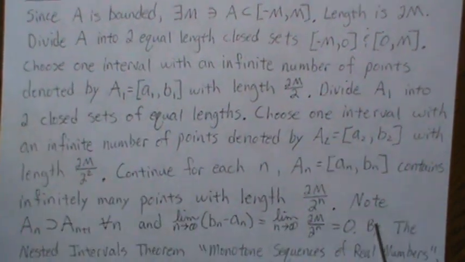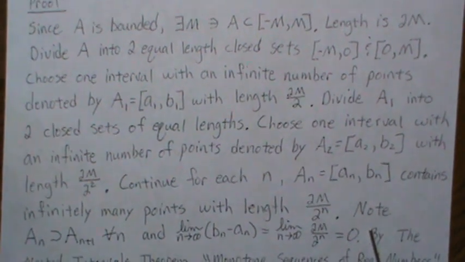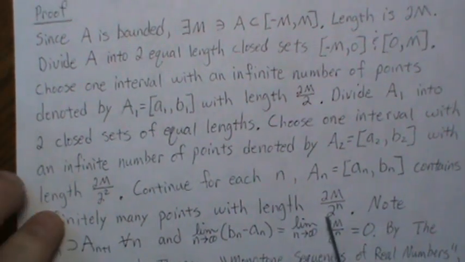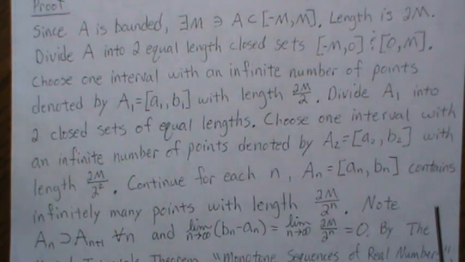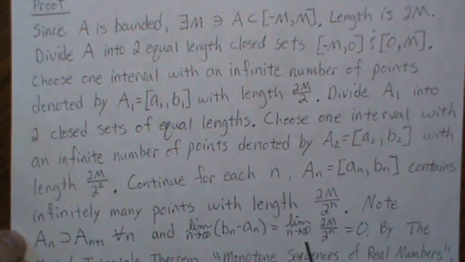So note that each time we're creating those intervals, we're dividing into two equal lengths. So each interval is now a subset of the previous one. So we're creating these nested intervals, and this is for all n. And note that the length of those intervals will eventually get to 0, because if we're halving it each time, the length is 2M over 2 to the nth power.